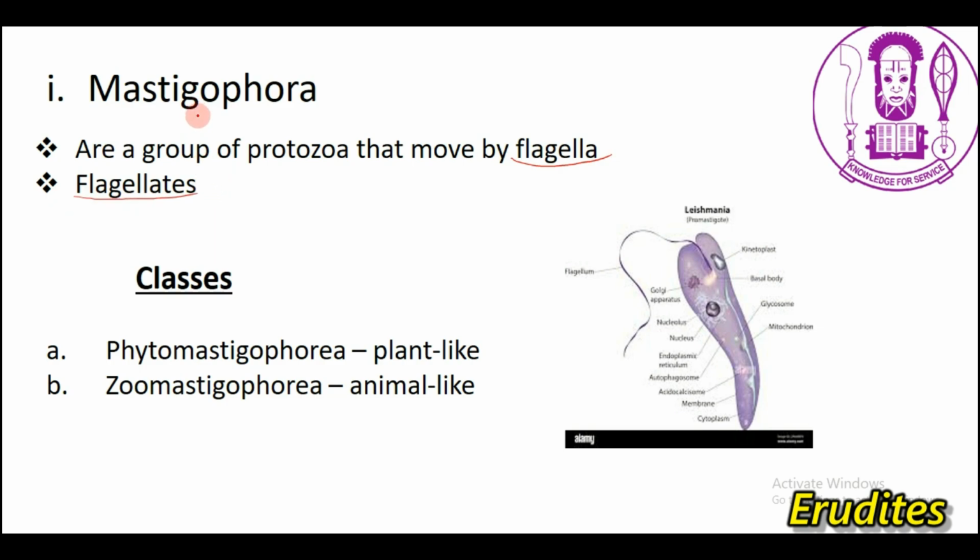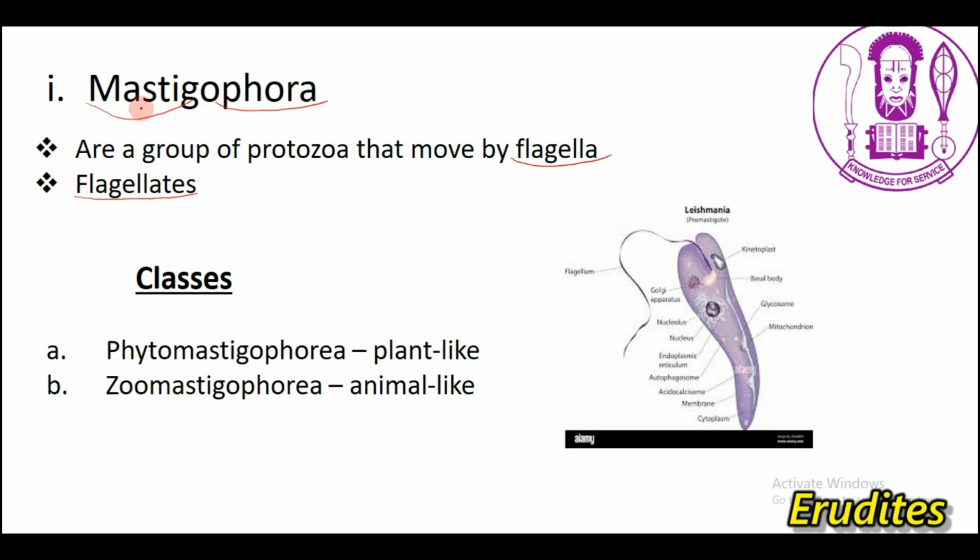The protozoa here are referred to as flagellates because they move with the help of flagella. Remember the word Mastigophora: mastis is from the Greek word which means whip, representing a flagellum, while phora means bearing. So these are a group of protozoa that move by flagella, and that is why they are called flagellates.